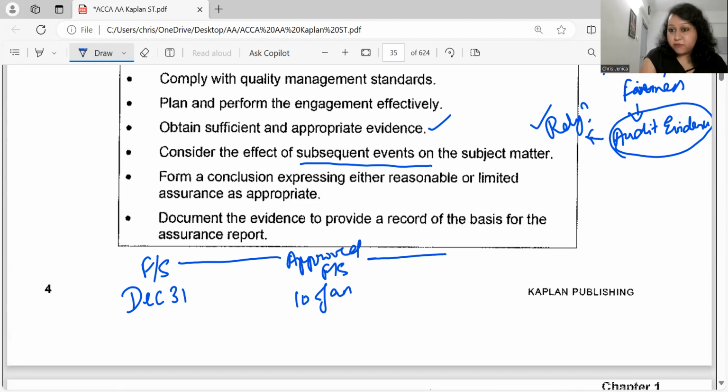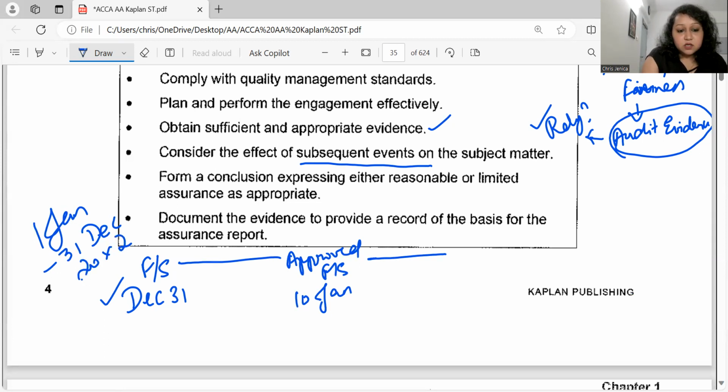The financial statements will cover 1 Jan to 31 December, and the approval is on 10th Jan of the next year. So, this is going to be 2022, and this is going to be 2023.